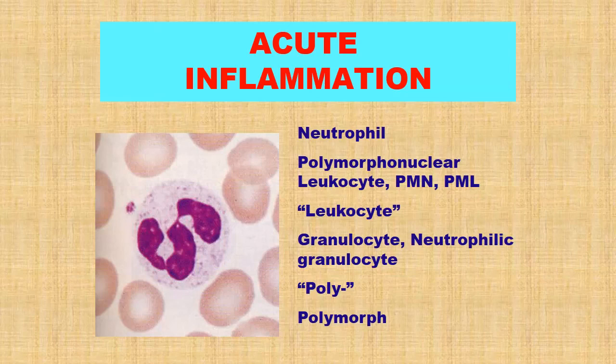Many terms are used for neutrophil, such as polymorphonuclear leukocyte, PMN or PML, granulocyte, neutrophilic granulocyte, and polymorph.